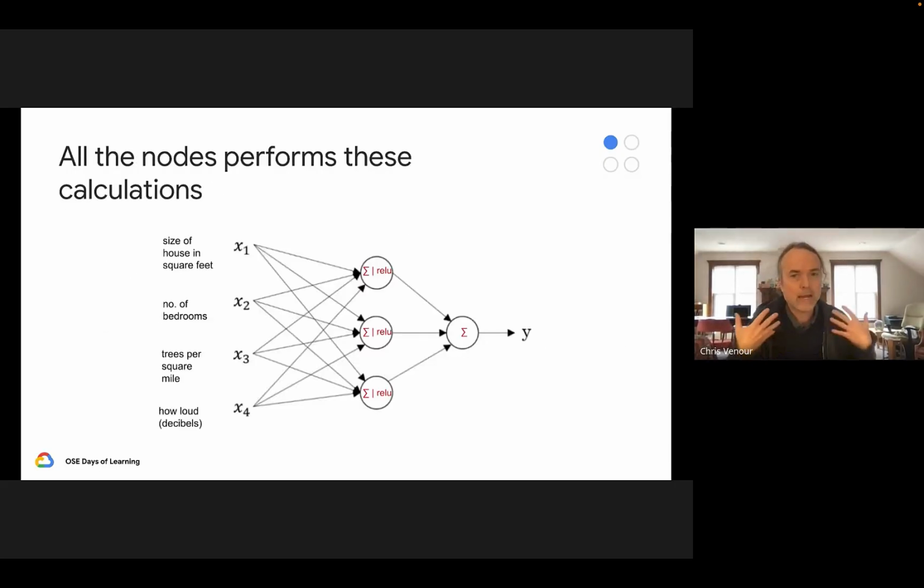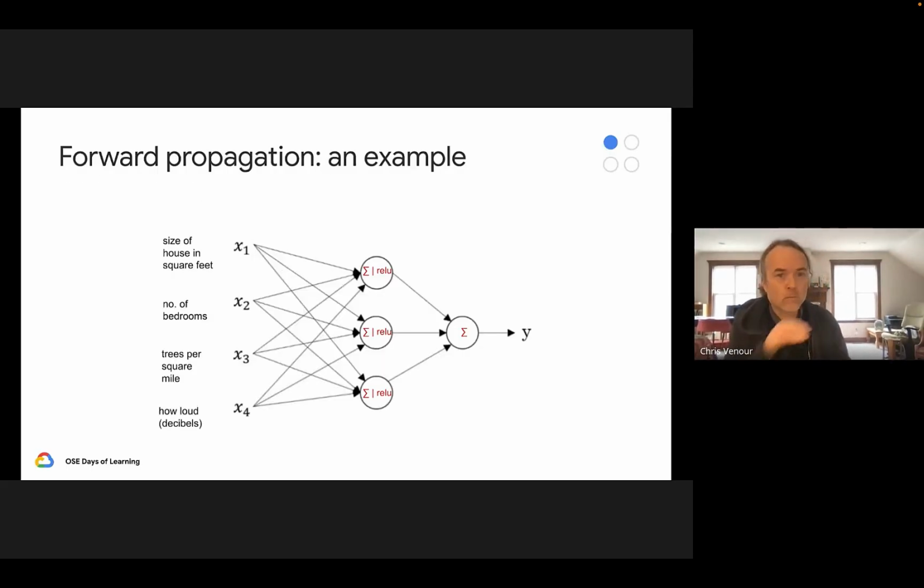So let's zoom back out and show the network as a whole. It's important for you to know that every node in the network has its own unique set of weights and its own unique bias. And each node performs the calculations I showed on the previous slide. So I thought we would go through an example here. Node 1 receives the data about a house, and it performs its computations.